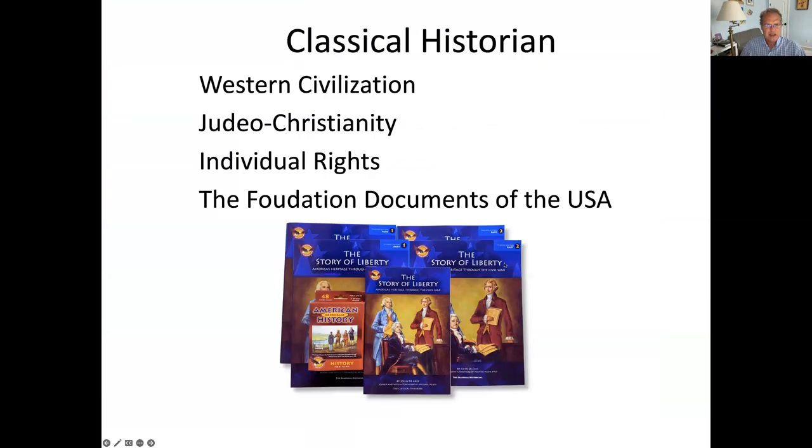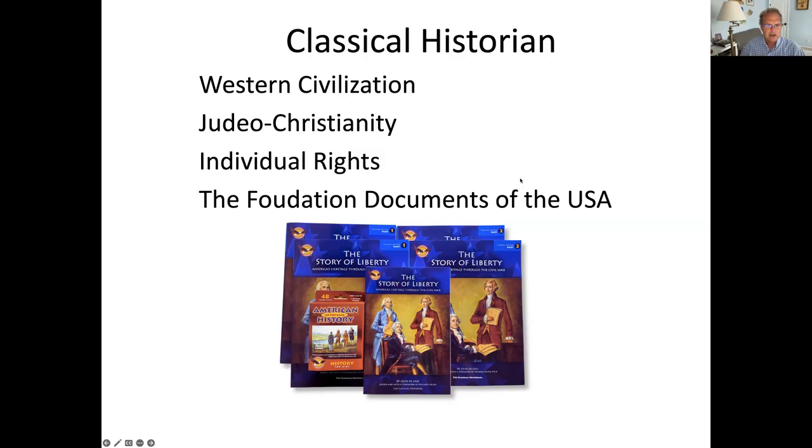And I want to just point out to everyone, our bias is we are pro-Western civilization. Our perspective on history could be called a Western civilization perspective, a Judeo-Christian perspective. Our materials are not religious materials, so they're written for public school use, definitely.